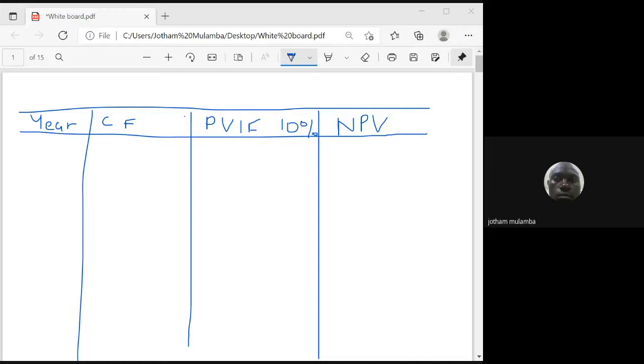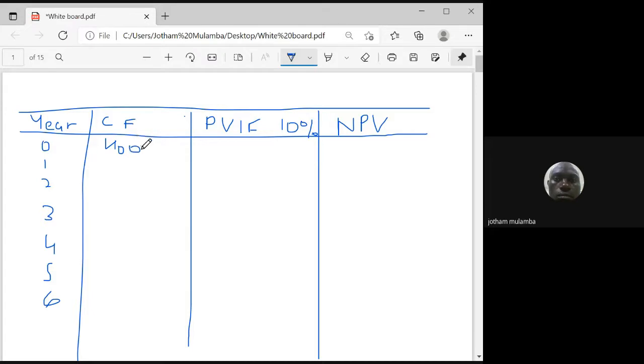So we start off with the period, which is 0 to 6. We'll record here 0, 1, 2, 3, 4, 5, and 6. Then the cash flow for year 0 is 40,000.